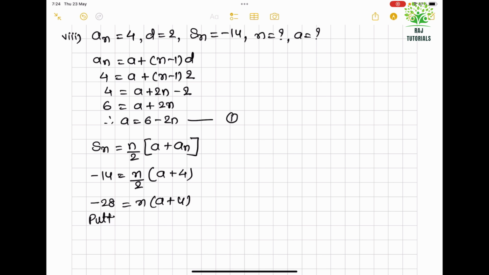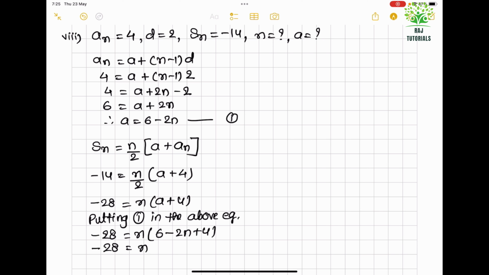Putting 1 in the above equation, we will get minus 28 equal to n into 6 minus 2n plus 4. So minus 28 equal to n into 10 minus 2n.